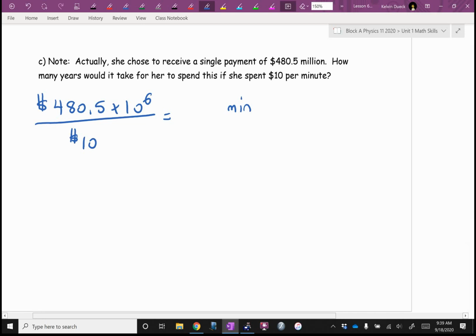You know what? I'm going to be lazy and sneaky. What are we dividing by? It's going to end up being 480.5 times 10 to the what? It's just going to be times 10. Well, if I divide by 10, it's going to knock off a power of 10.